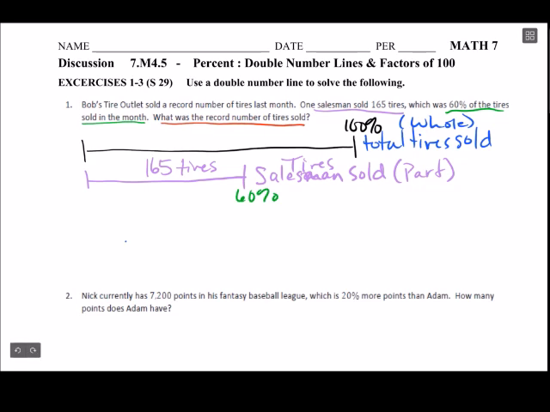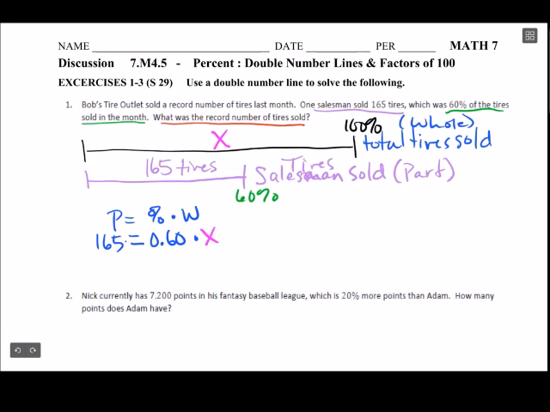We write our percent equation. Part equals percent times whole. Our part is 165 tires equals our percent. We know that that is 0.60 times our whole. How many tires did we sell in whole? We don't know. In math, that's okay. So that's our x.